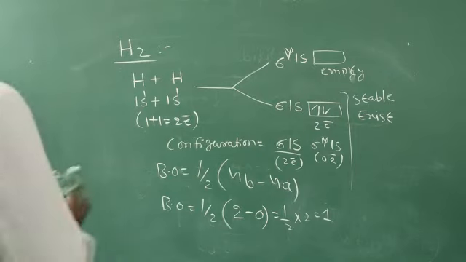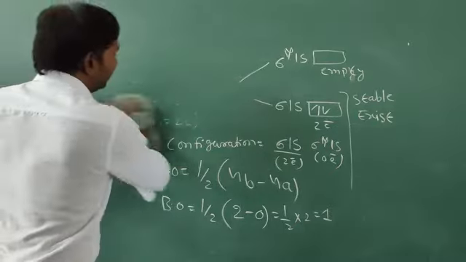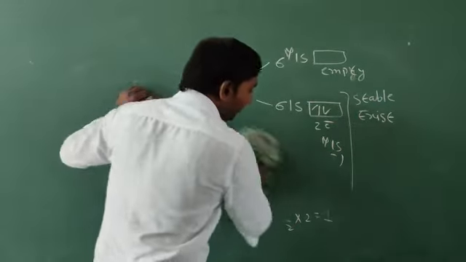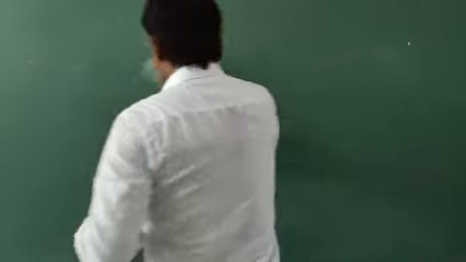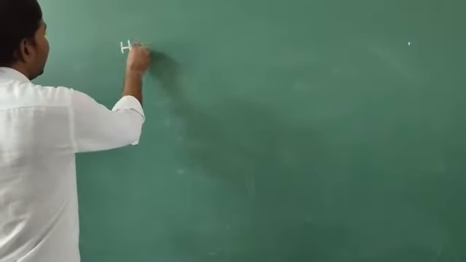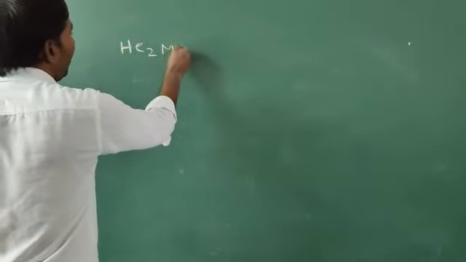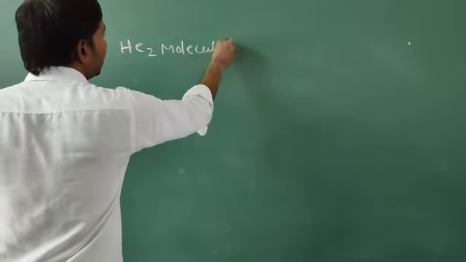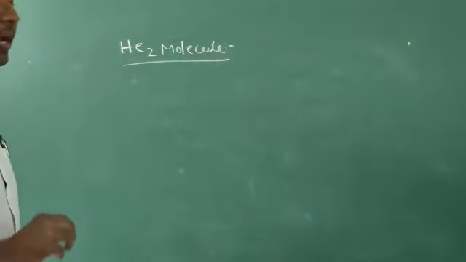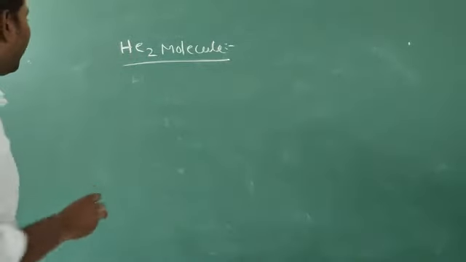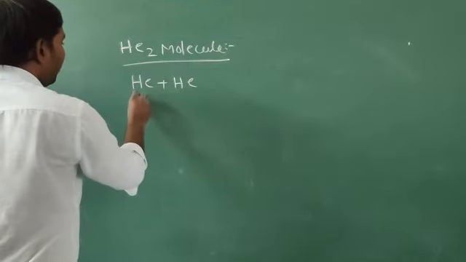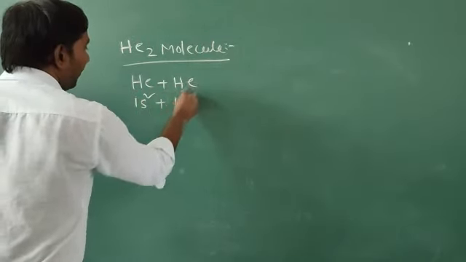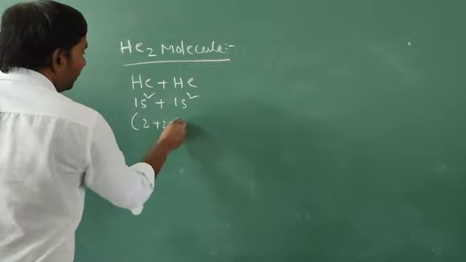Next one, helium, the He2 molecule. How does the helium molecule form? Helium plus helium, 1s2 plus 1s2, 2 plus 2 is 4 electrons.